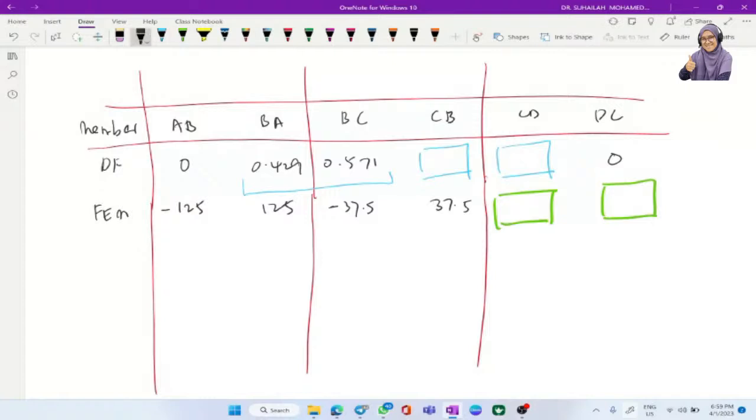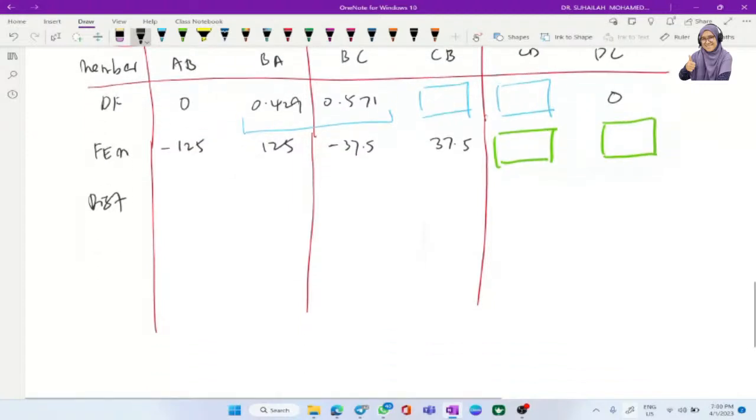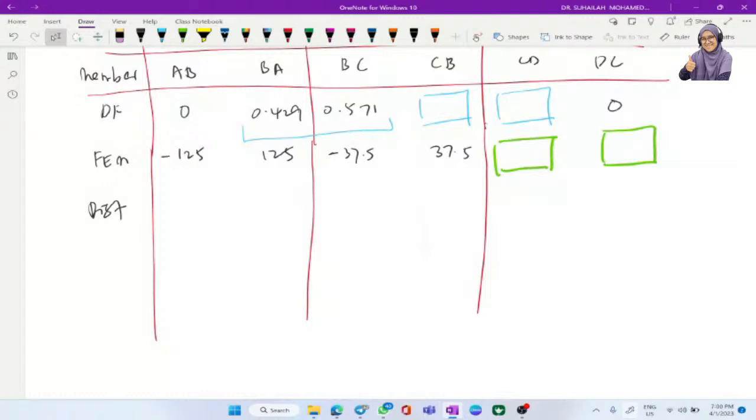Next is the distribution step, the first distribution. We start with distribution, and we distribute moment. Always remember that the moment that we distribute is the joint moment, which is opposite to the member end moment. Fixed end moment is the first member end moment in the table.